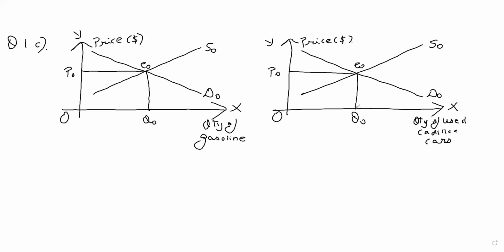Okay, now when a war breaks out in the Middle East, obviously war has no impact on demand. War always has an impact on supply. Obviously Middle East countries are major producers of crude oil, which is used for gasoline.